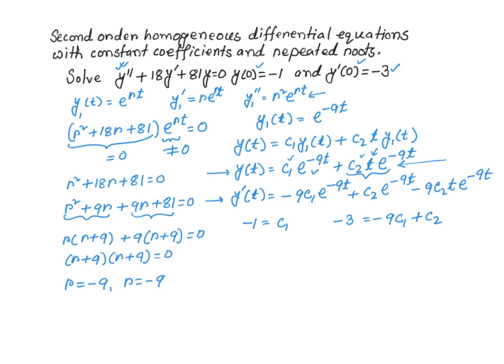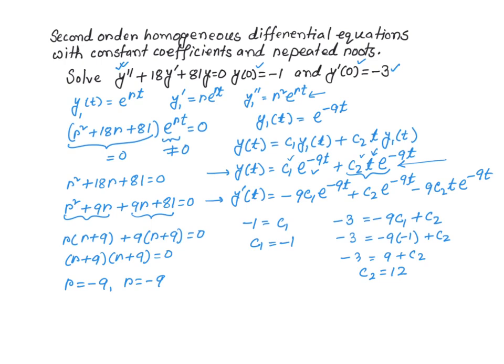I already found c1 is equal to negative 1, so it's going to be negative 3 is equal to negative 9 times negative 1 plus c2. Negative 3 is equal to 9 plus c2, and that gives me c2 is equal to 12, and c1 is equal to negative 1.